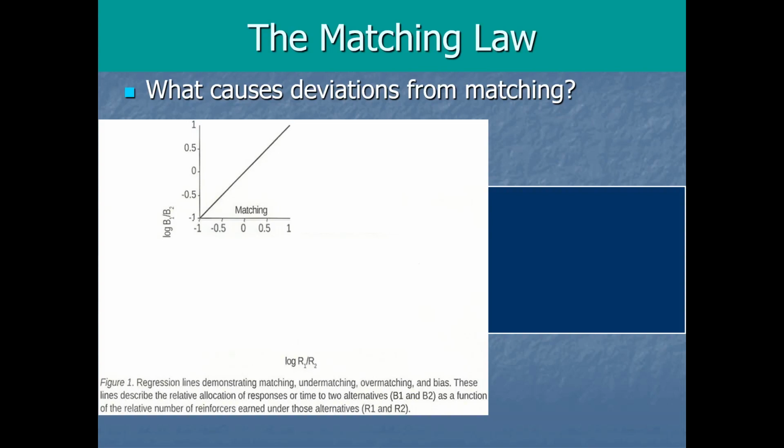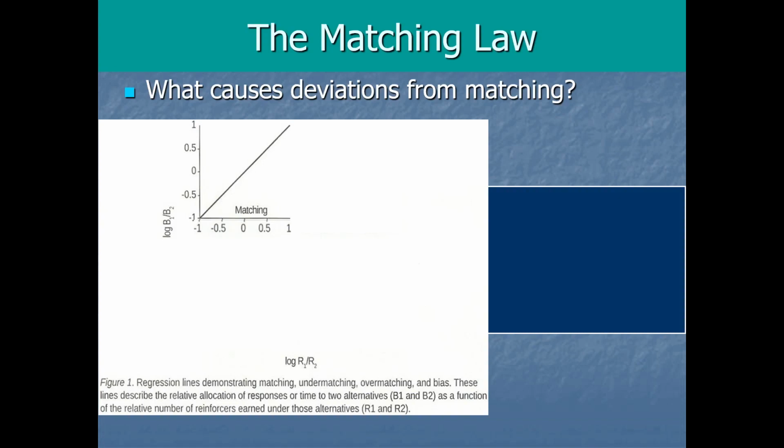The relative rate of behavior is how much behavior on option 1 divided by how many behaviors you do on option 2. That's what we're graphing here. They're showing it on a log scale, by the way. That doesn't matter for conceptual purposes. That just makes sure that we're starting with a straight line here.